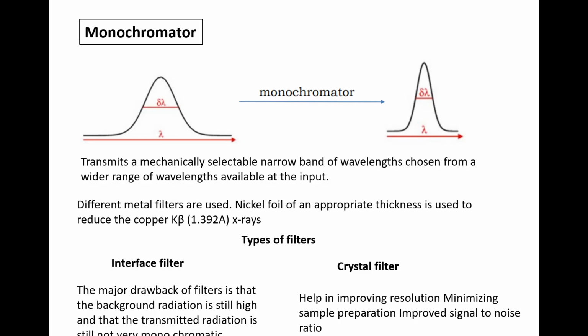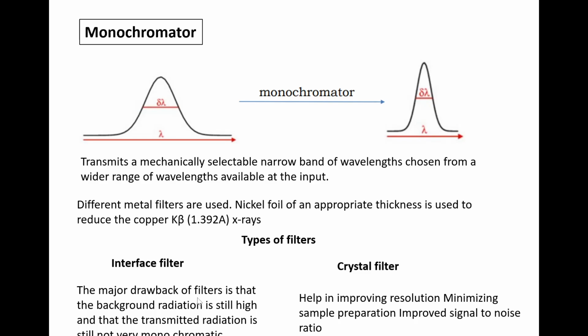Since the carbon-carbon single bond is around 1.54 angstrom, we want the X-ray wavelength to be in that range. Only then can we get higher resolution images of that crystal.